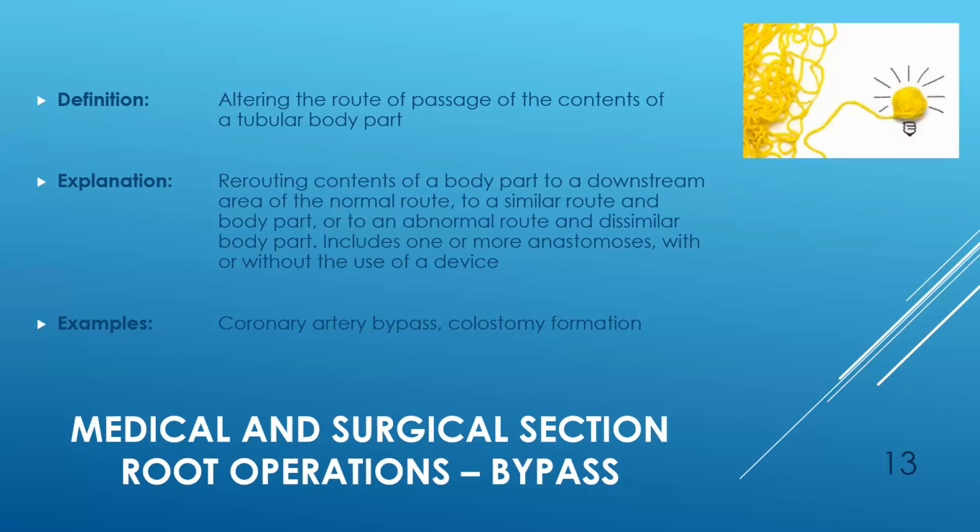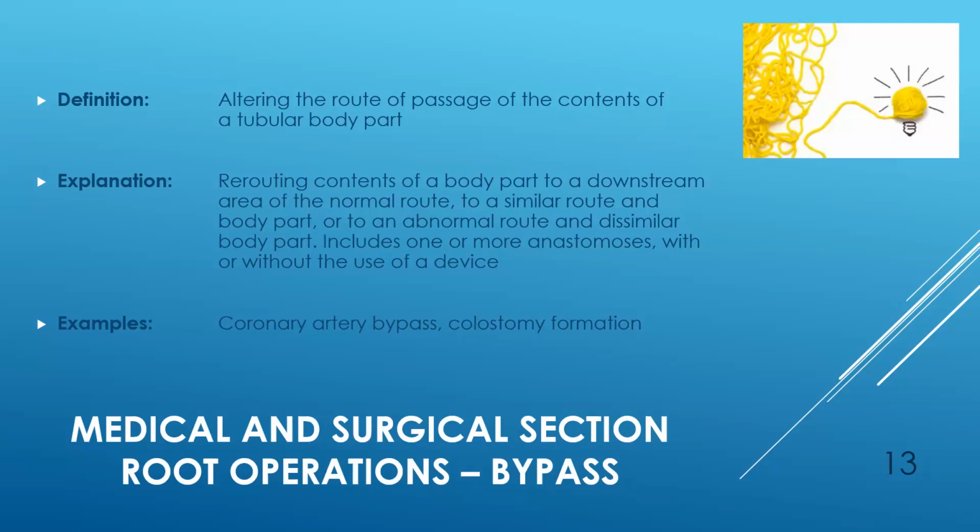It's correcting, so things aren't flowing right, and they're going in to correct it to a similar route and body part, or to an abnormal route and dissimilar body part. It includes one or more anastomosis with or without the use of a device. So an example would be a coronary artery bypass or CABG or colostomy formation.